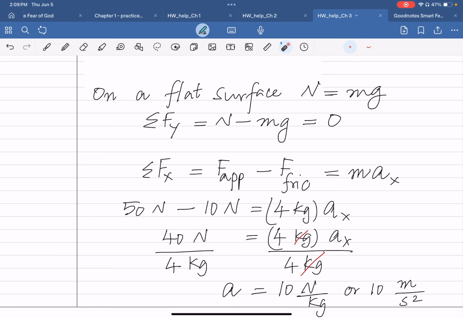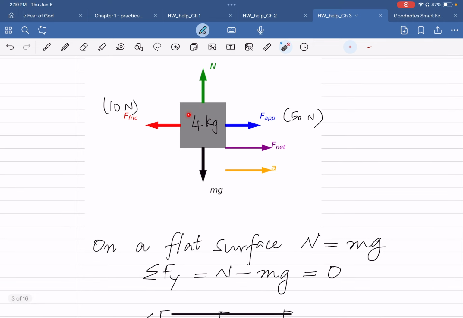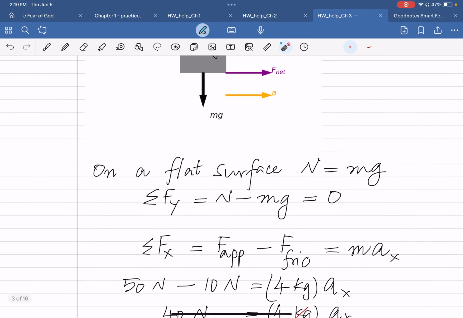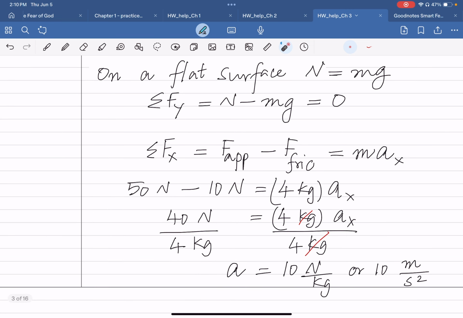So in our example, if the forces are 50 and 10, we know that the net force is 40 newtons. If you assume the mass of the object to be 4 kilogram, then we could find the acceleration on the x-axis.